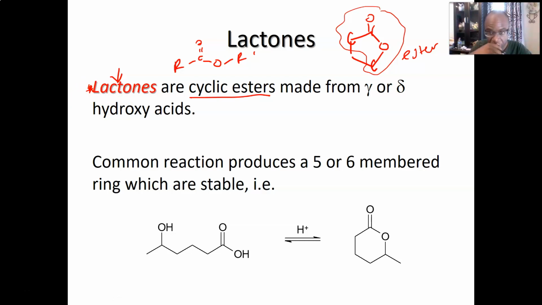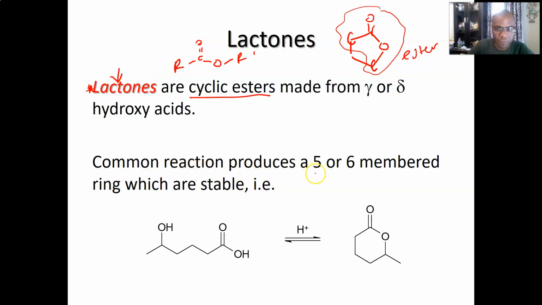For example, some of the antibiotics work by opening up the lactone ring of an enzyme, or the lactone ring of the antigens. So you learn those in biochemistry. You have to take biochemistry, how the drugs work. So it's important to know what lactones are.